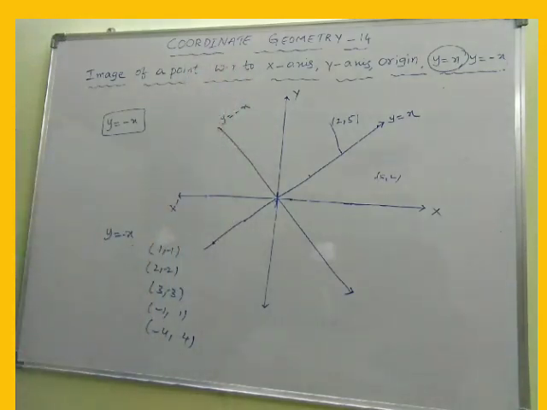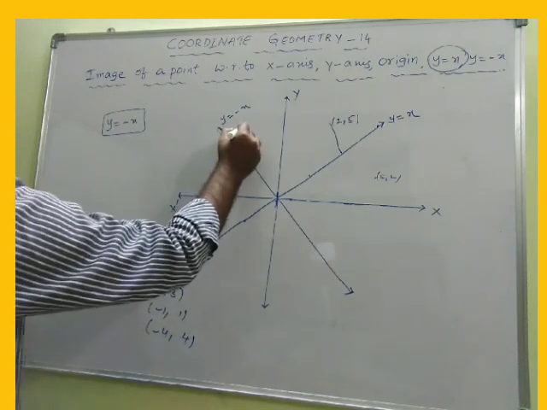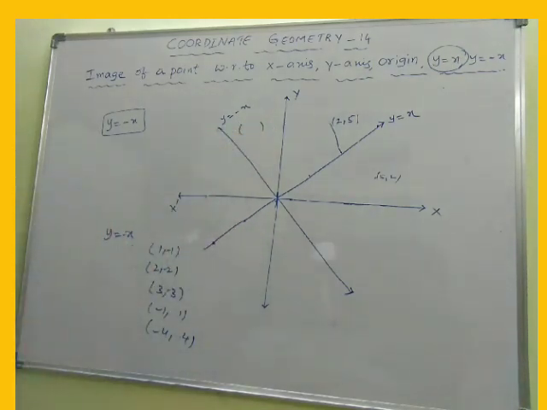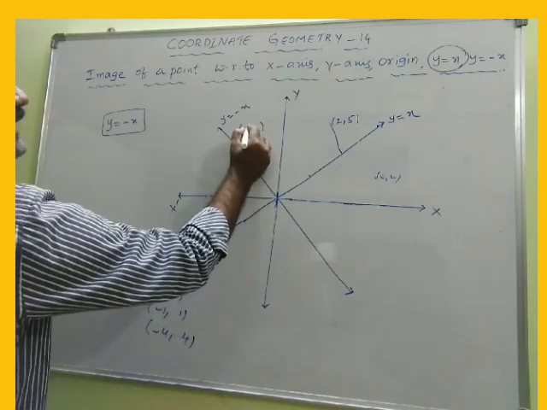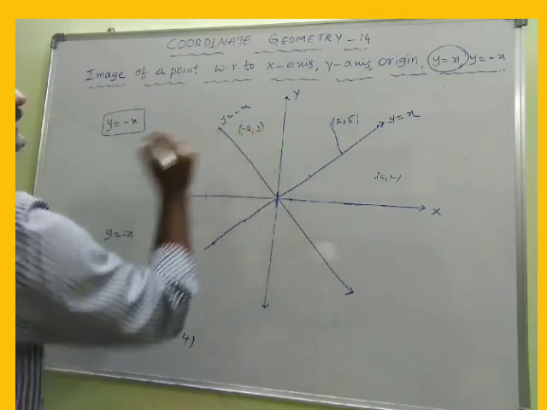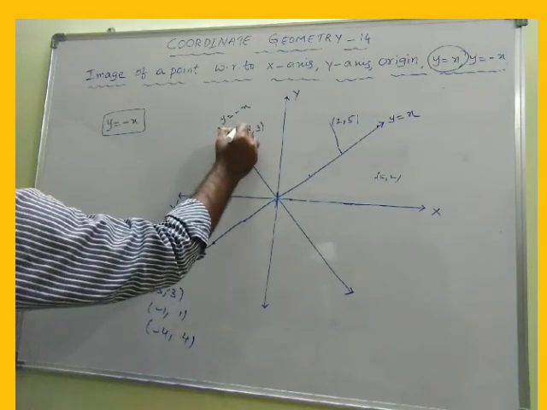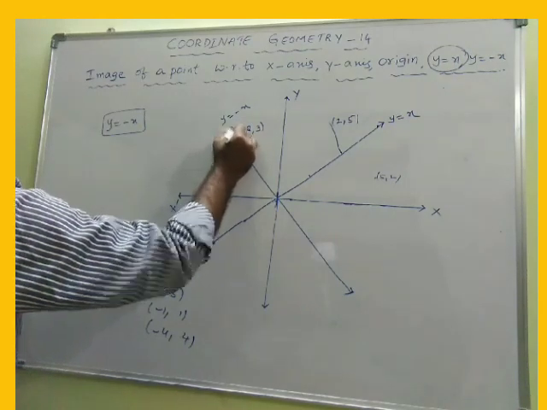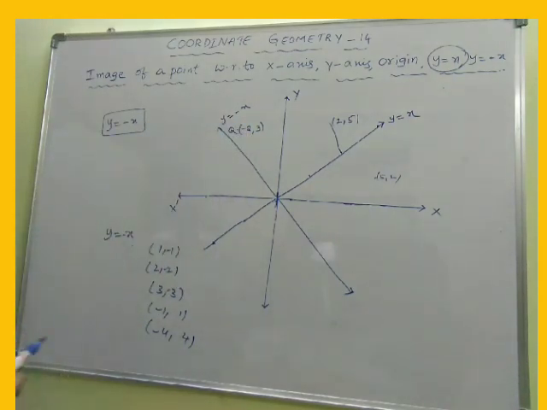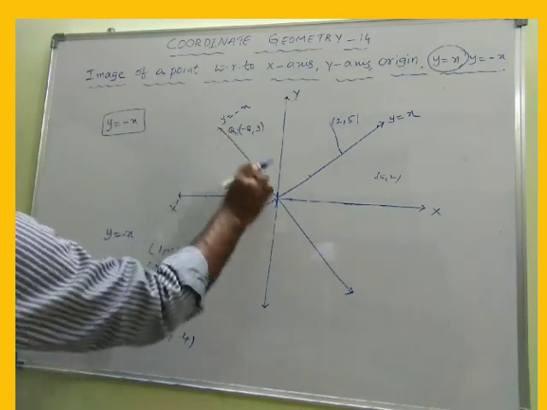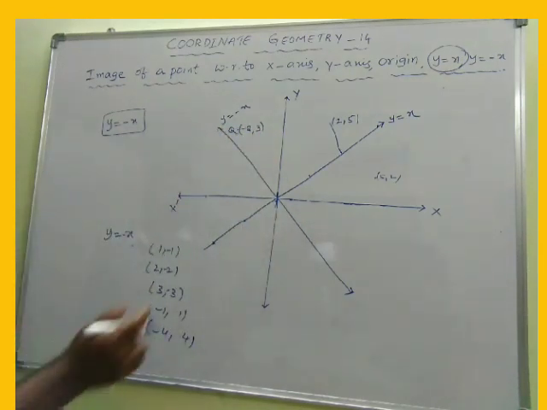Okay. Now let us see the image of a point, for example the point (-2, 3). So let it be a point, say some capital Q. Now I want to find the image of this point with respect to the line y is equal to minus x.